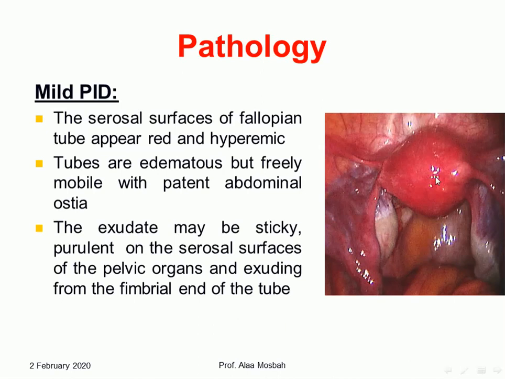In mild PID, as in the picture here, the serosal surface of the fallopian tube appears red and hyperemic. Tubes are edematous but freely mobile with patent abdominal ostia, so the tubal ostia is still open. The exudate may be sticky, virulent on the serosal surface of the pelvic organ and exuding from the fimbrial end of the tube.